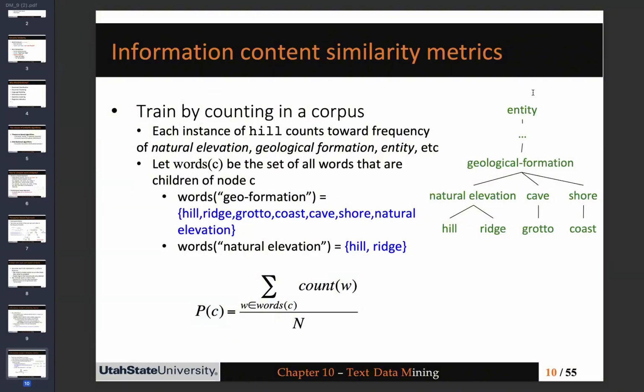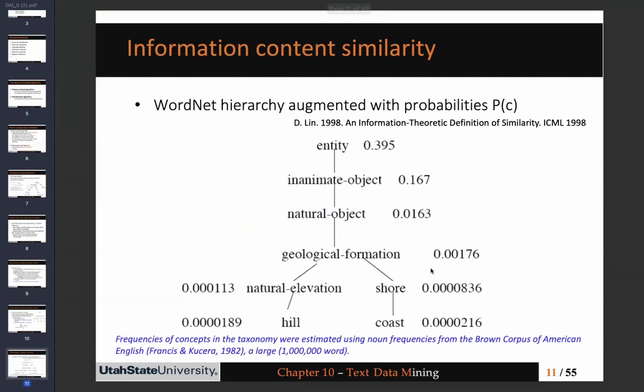If you look at this small screenshot here, the probability of natural elevation is nothing but 2 over N, where N is the number of nodes that we have in this small tree here. Okay, so this is just an example of the same WordNet hierarchy that we just augmented with the probabilities P(C) from the WordNet. And again, those probabilities here are extracted from a bigger tree, which you cannot see in this slide. But as a toy example, you could see what the probabilities look like.